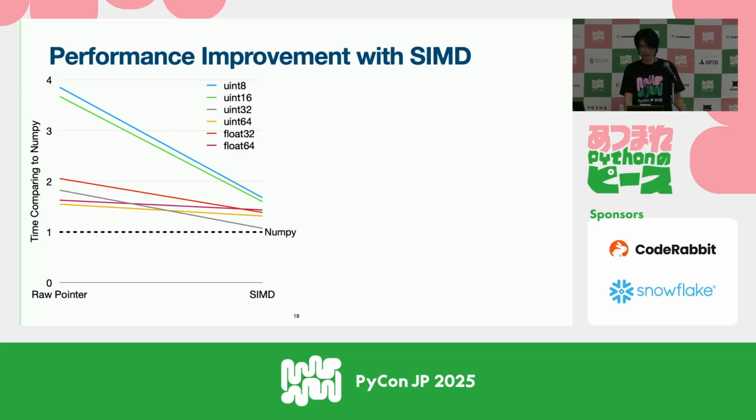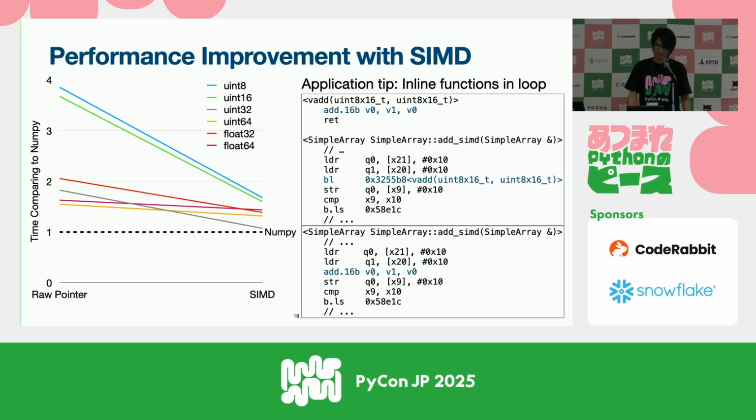Here, I would like to mention a small application tip: we should always inline every function in the loop, because a function call incurs significant overhead, so too many function calls will make the performance worse. On the top right-hand side, there is an example of the assembly where an unnecessary function is made.